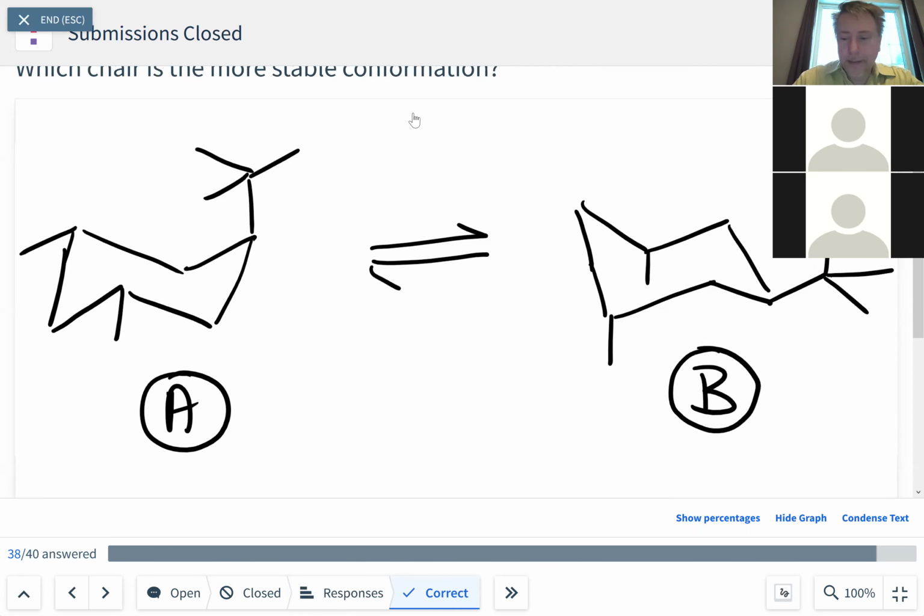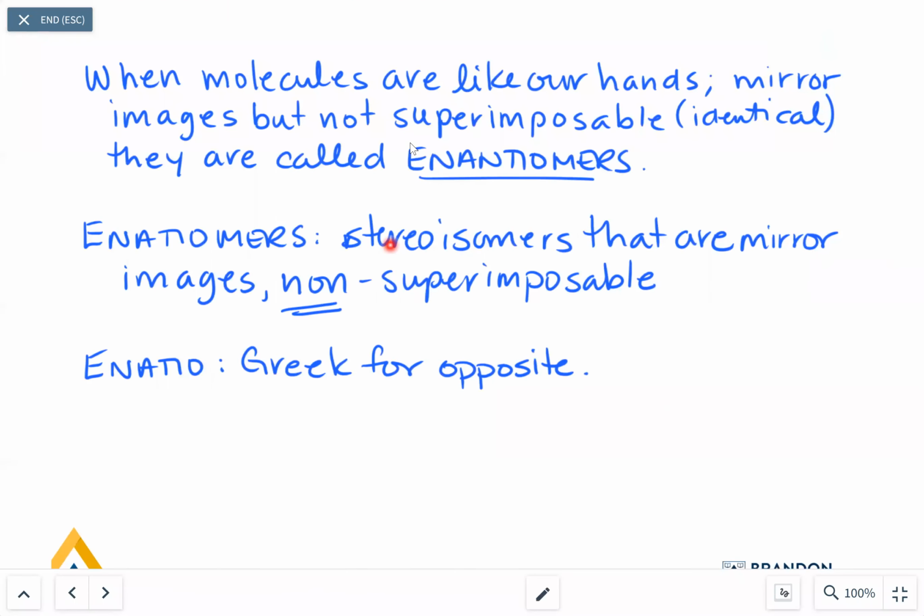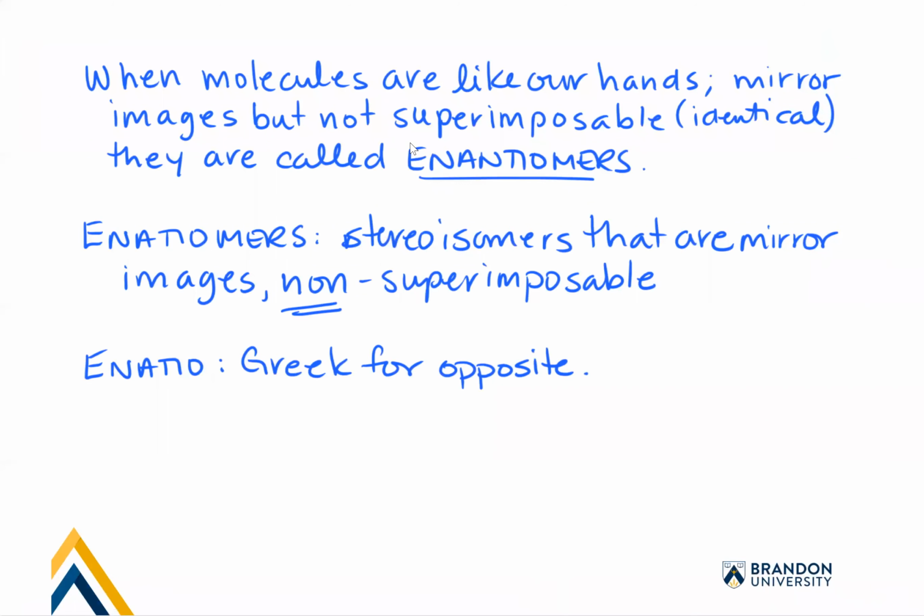Okay, let's move on. So I think we got to around here when we were talking about how certain molecules are like our hands. So they are mirror images of one another, but you can't superimpose them on themselves.